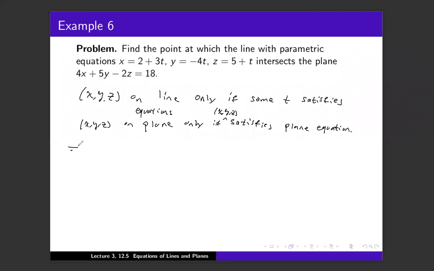So in other words, to find where they intersect, if x, y, and z is a point of intersection, then all equations, all of them together, must be satisfied.